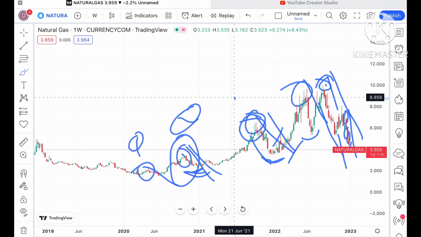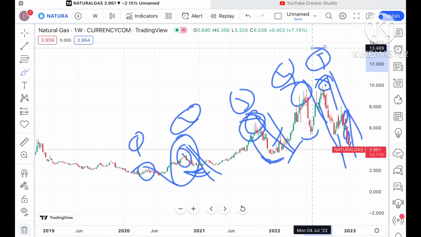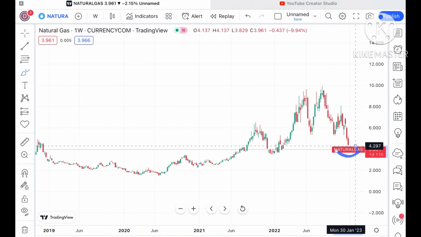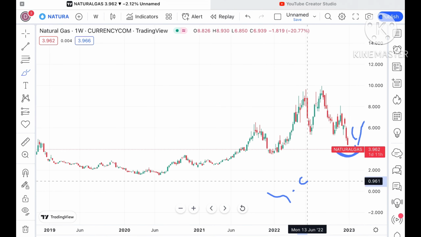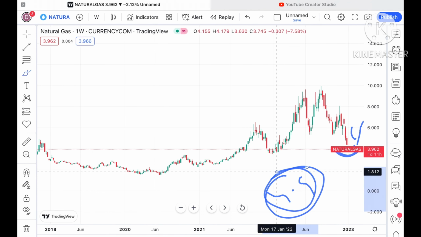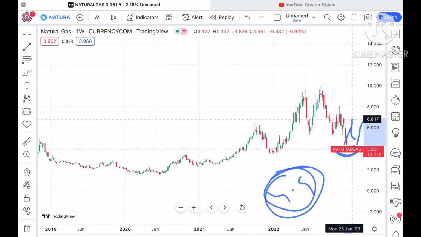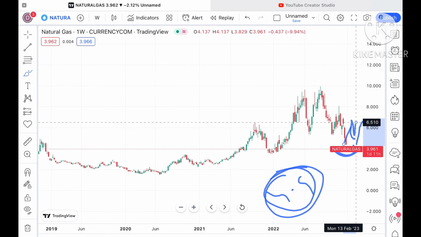You can see this repeated 4-5 times continuously. So the probability is high that if it forms a swing at this level and sustains above a level of around 4.9, which is a crucial resistance as well as support, now acting as a resistance, then from 4.9 we can see a level of 6.5 and then further upside.